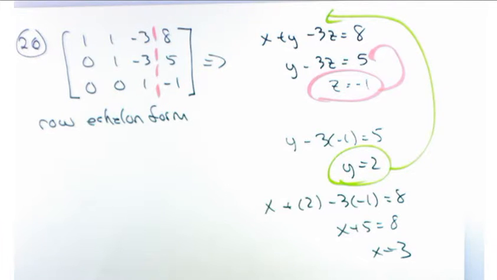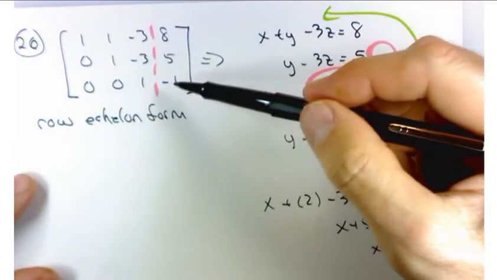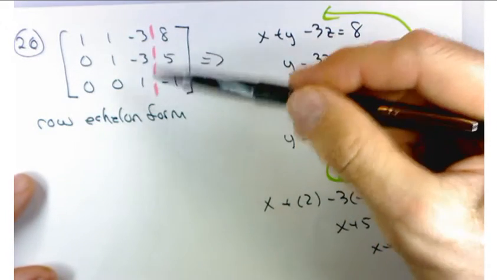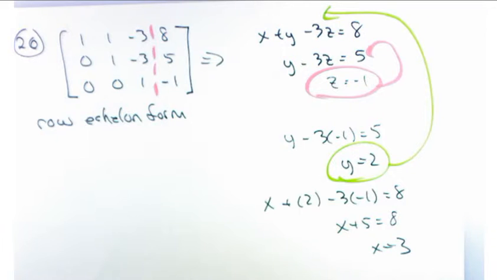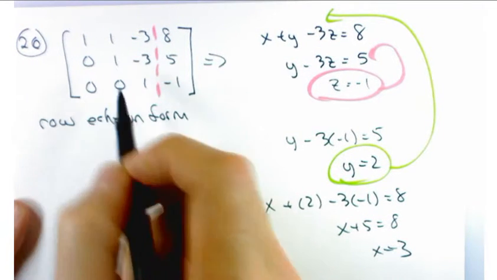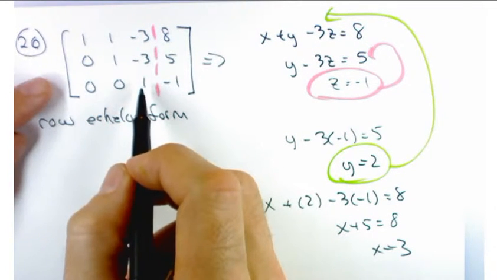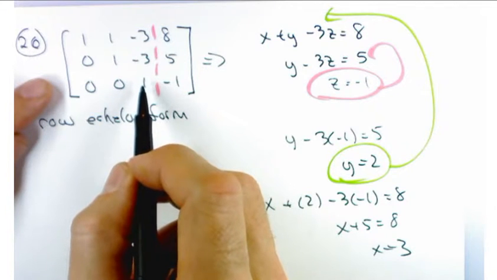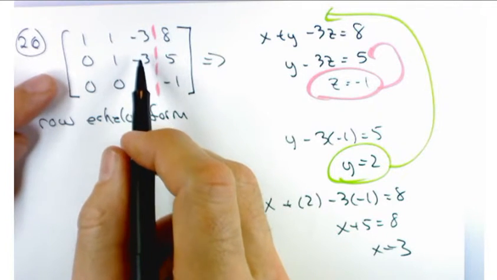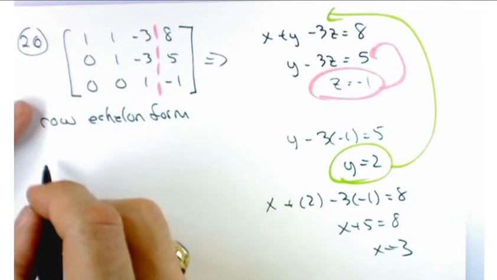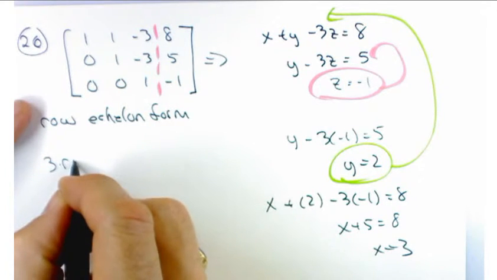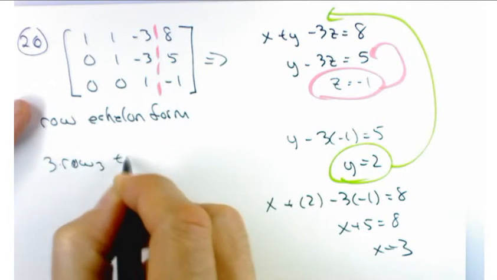But tell you what, let me just finish this one up a different way, by putting this matrix in reduced row echelon form. So what I could do then, once I've got it in this form, is add 3 times row 3 to row 2.